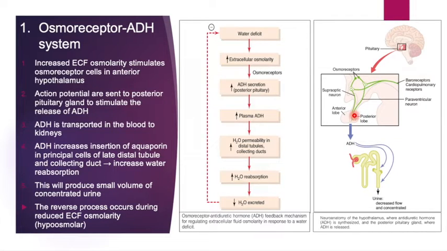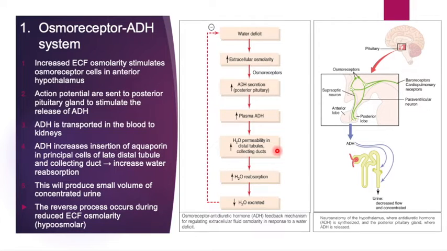This action potential will stimulate the release of ADH. ADH will enter the bloodstream and is transported to the kidneys, where it increases the water permeability of the late distal tubule and collecting duct. And this will cause increased water reabsorption, and as a result, a small volume of concentrated urine will be produced.